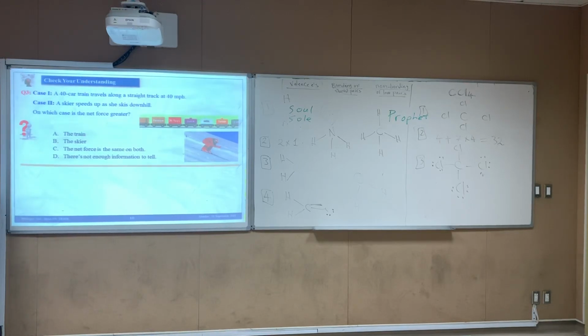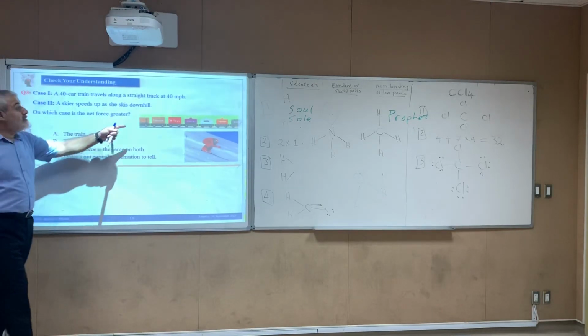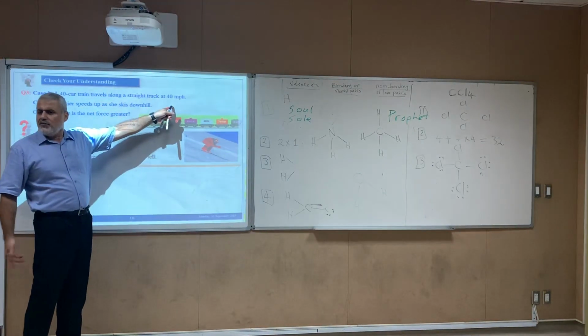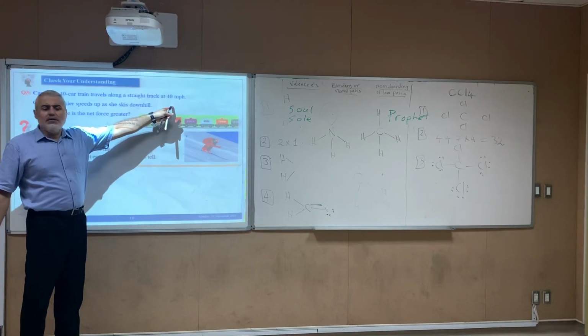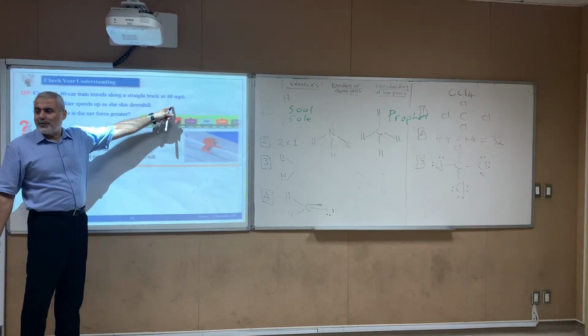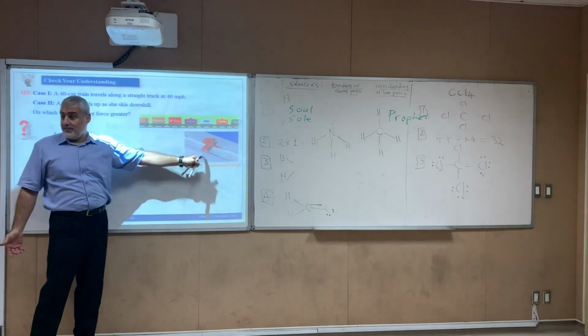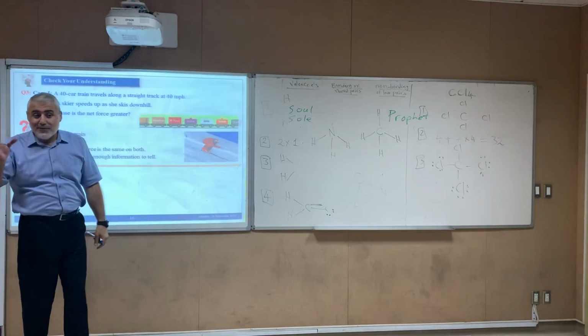The skier. But why? Because it's steeper, and her acceleration is more than the train's. The train is at 40 miles per hour, which is about 70 or 80 kilometers per hour. But there are some clues you need to pay attention to.